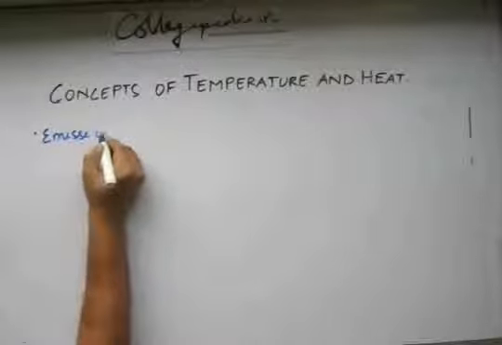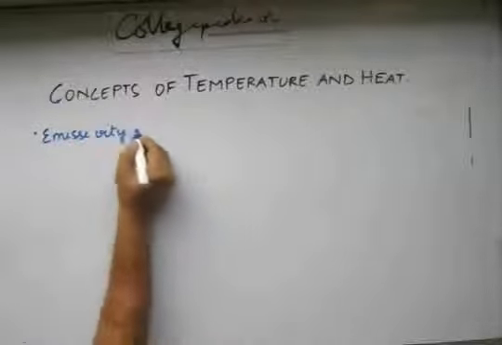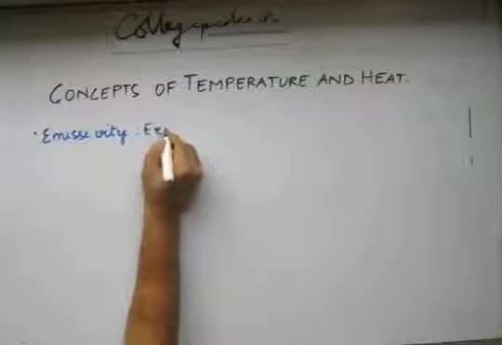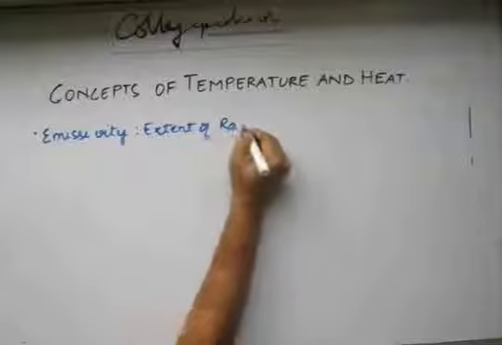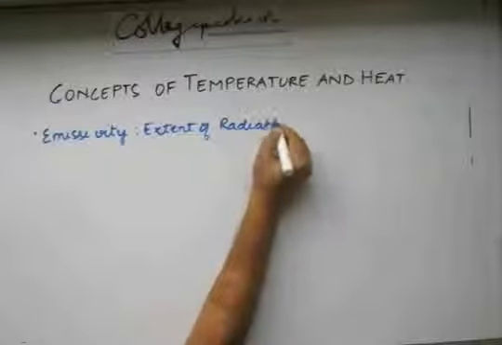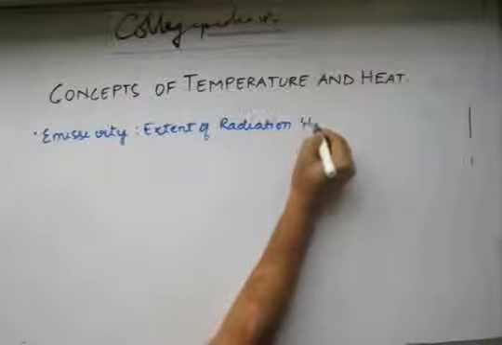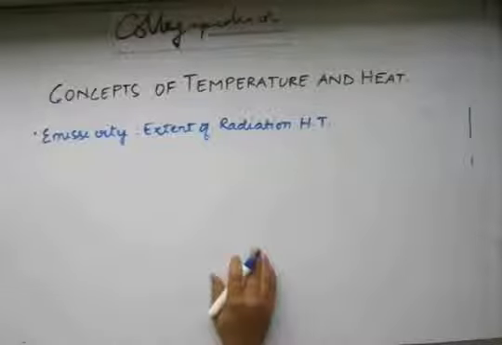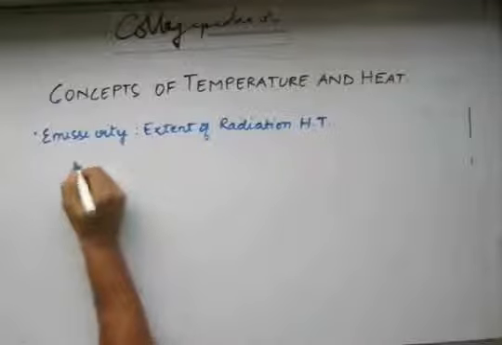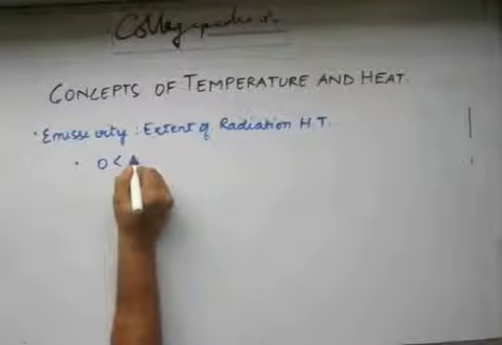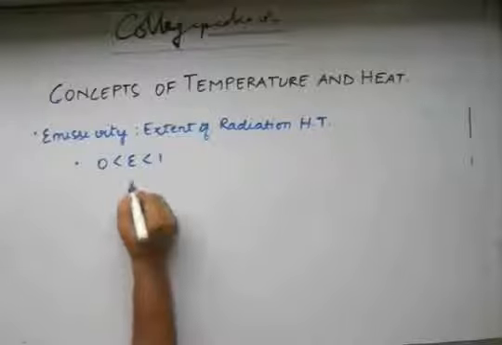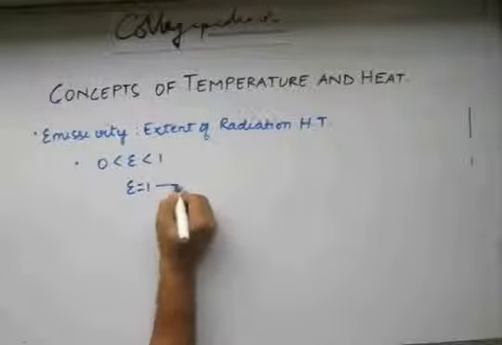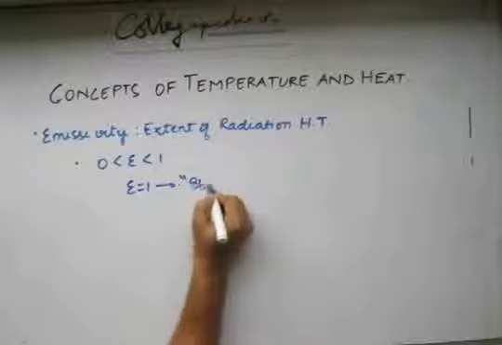Emissivity is nothing but the extent of radiation heat transfer. This varies from 0 to 1. Epsilon is equal to 1 in case of a black body.